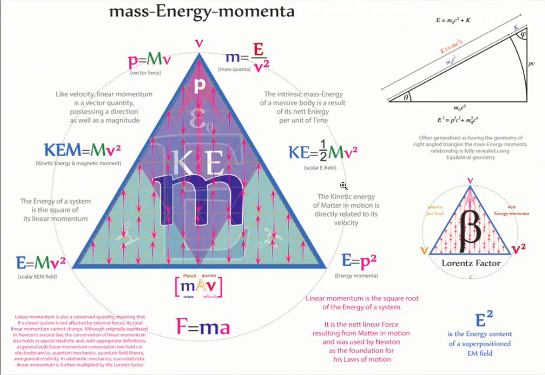In the case of kinetic energy within the chem field, the kinetic energy is the electric permittivity of the field, with the magnetic permeability of the field forming the magnetic moment.